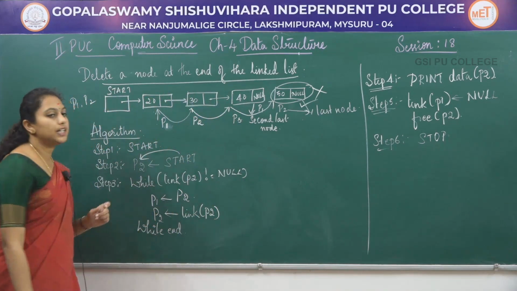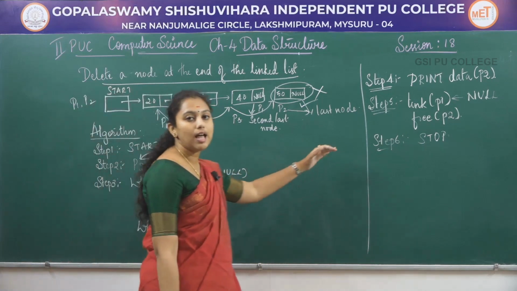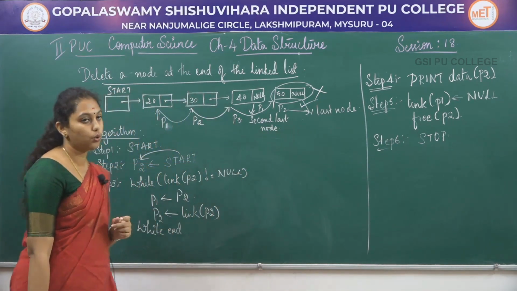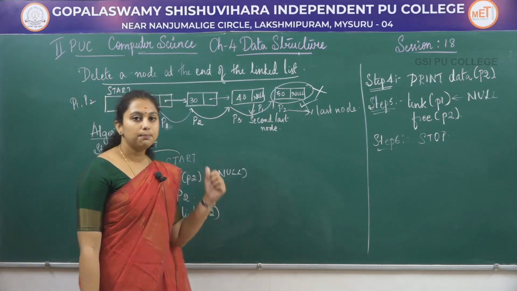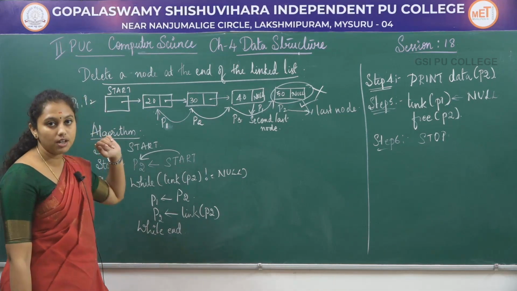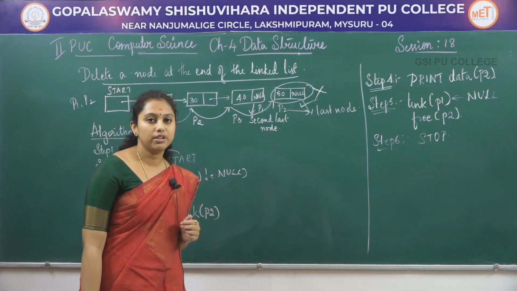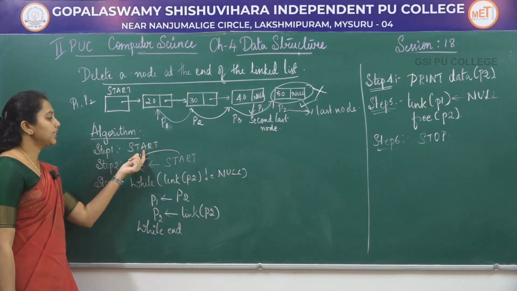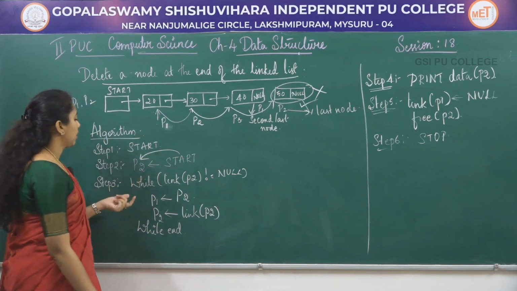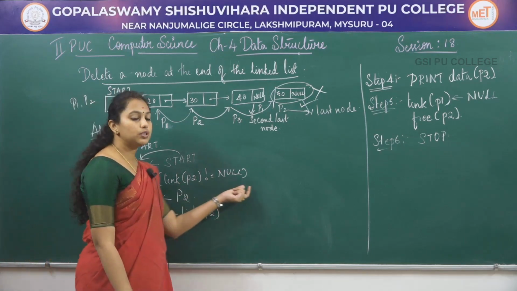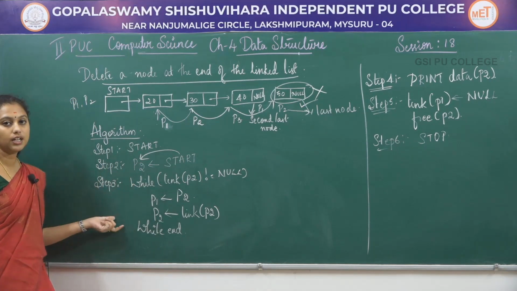So while deleting a node from the end of the linked list, first we have to find out the last node as well as the second last node in the linked list. Here we are using two pointers, P1 and P2. P2 is used for traversal and P1 is used to store the location of the previous node. The start contains the address of the first node. This first node is considered as P2 initially. While link of P2 is not equal to null, we are going to traverse all the nodes in the linked list.